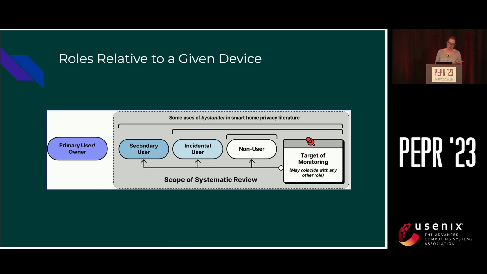The literature categorizes people affected by smart home devices into the owners or primary users who have the most control over the device, secondary users in the same household, incidental users who have occasional interaction with the device, and non-users who have no control over the device, but whose data may nonetheless be collected. Any of those roles may also be targets of monitoring or surveillance by other users, though that is more likely with those who have less control of the device.